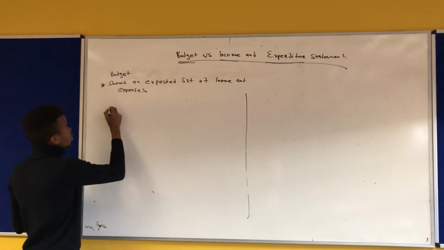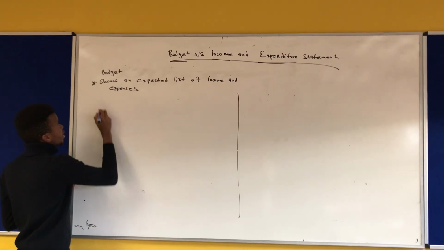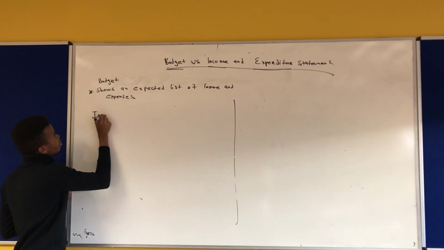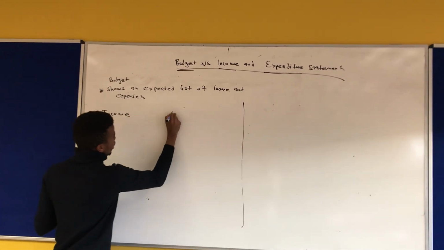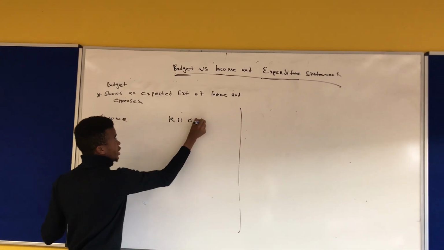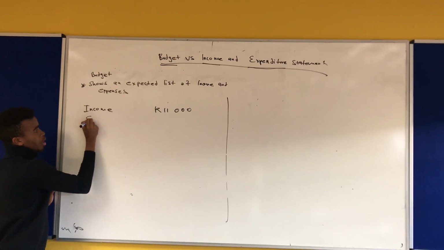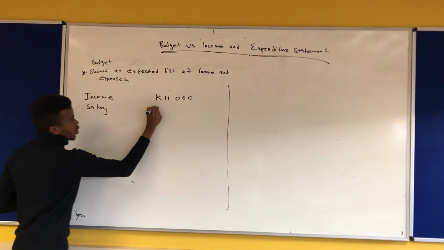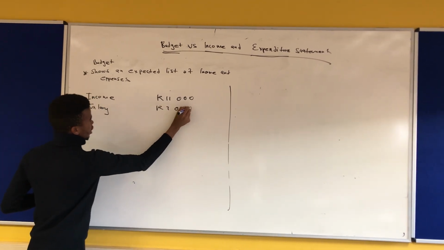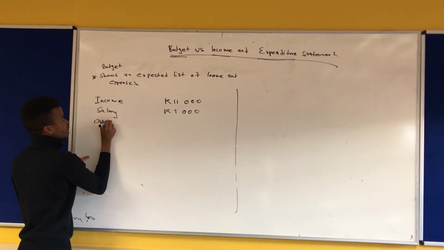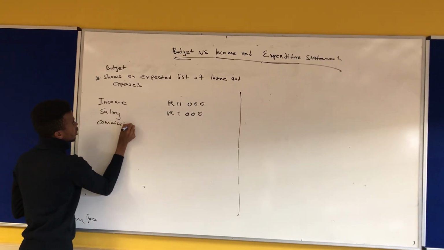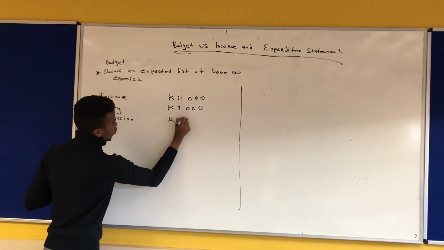For example, someone will draw their budget and say, my income will be 11,000, where I will receive a salary of 7,000, and then let's just say a commission of 4,000.